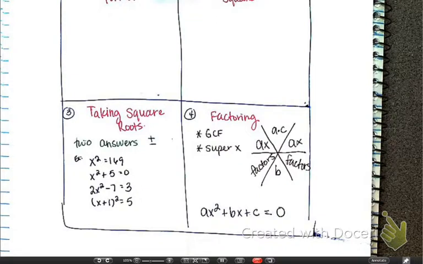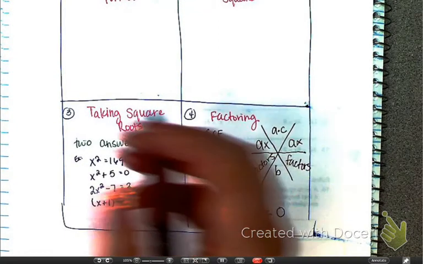Something else super important, and if you can identify this one thing, it will help you identify when you're going to take square roots. Look at all 4 of those equations. What do you notice about all of them? Javon? Okay. Kind of. Isn't that there's no B? There is no BX term.